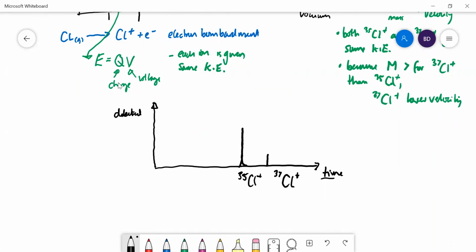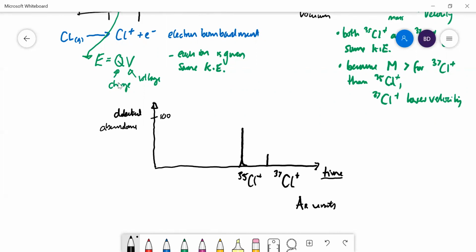Now, this time on this axis can be calibrated into atomic mass units. And usually this detected is, so you have abundance. And that's probably in percentage, 100%.